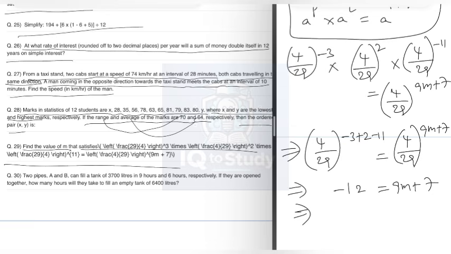Then minus 19 is equal to 9m, which means m is equal to minus 19 by 9.